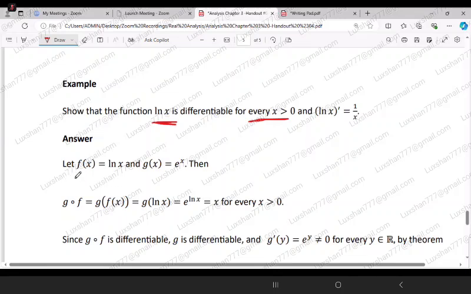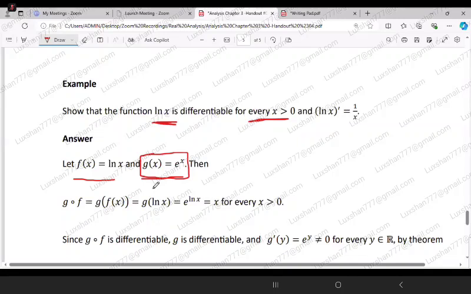For that, we take f(x) equal to ln x and g(x) equal to e to the power x. How to choose is actually through experience, through practice. All of a sudden you can't get the idea.